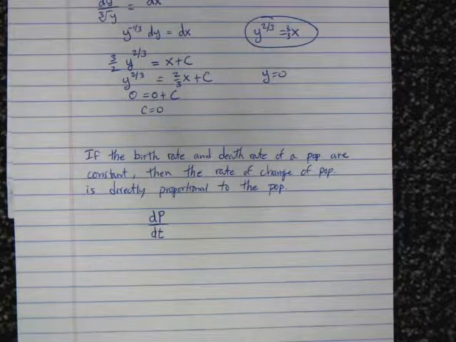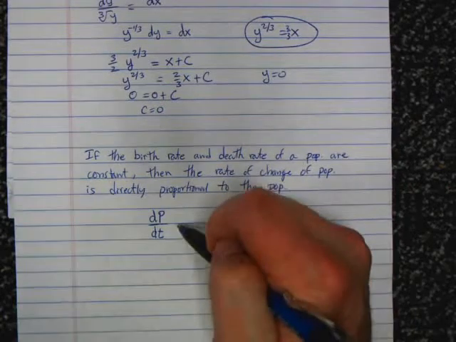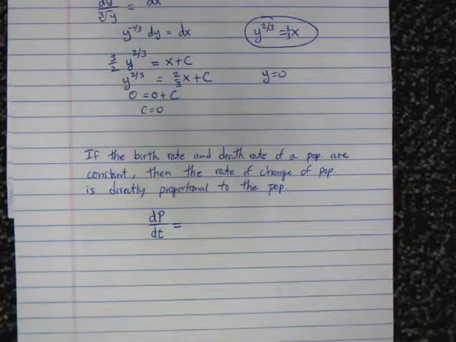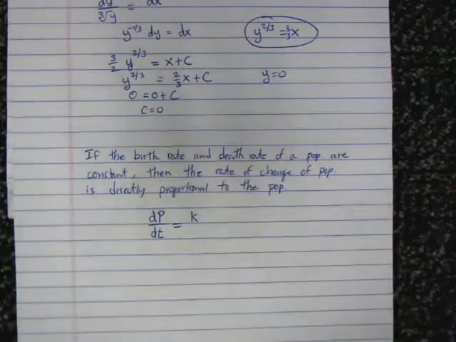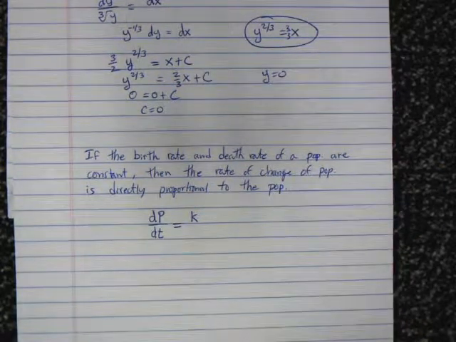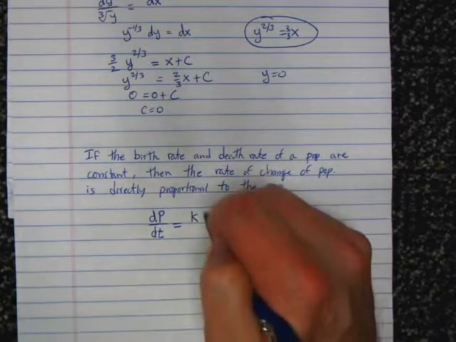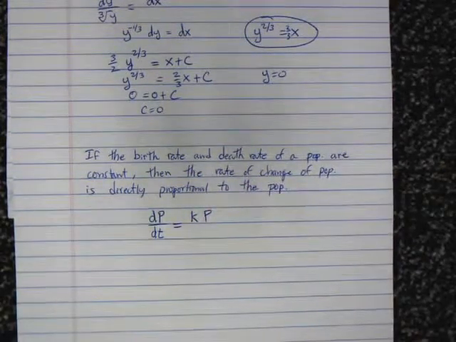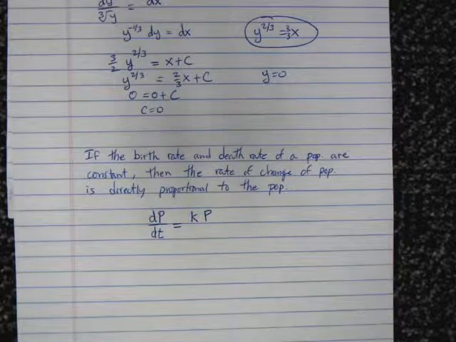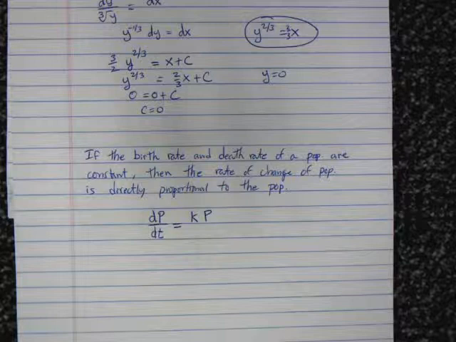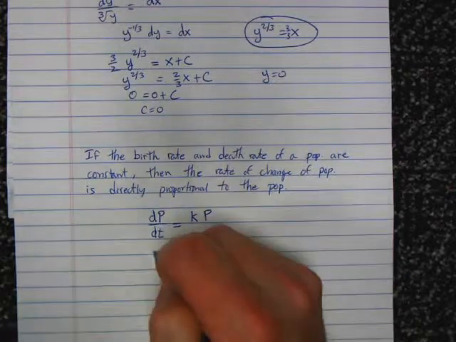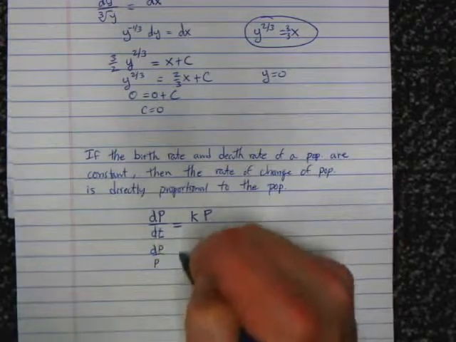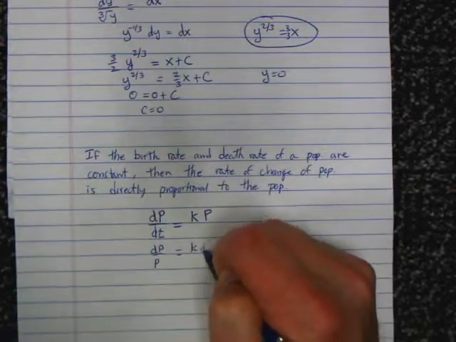P is population, t is time. It's directly proportional to the population, so kP, because the population is P. And that's a separable differential equation. You can get all the P's on one side and all the t's on the other side. So dP over P equals k dt.